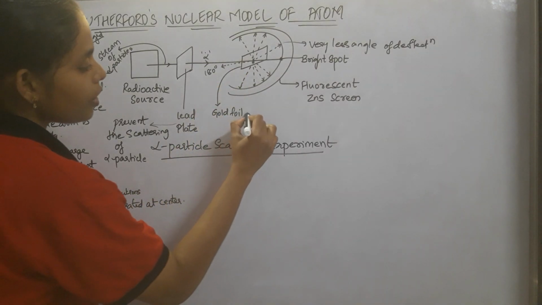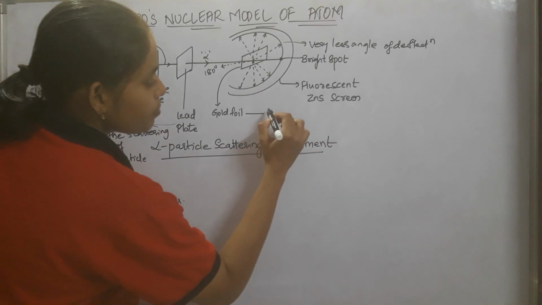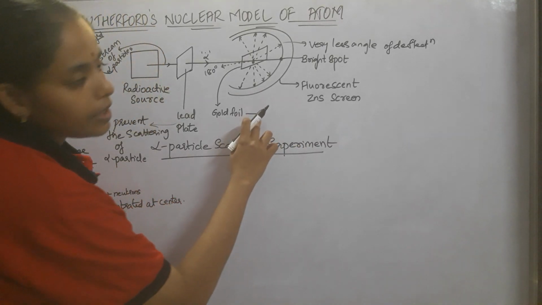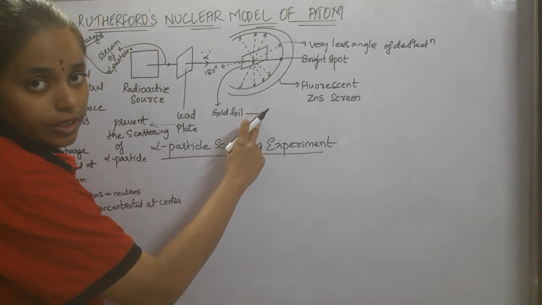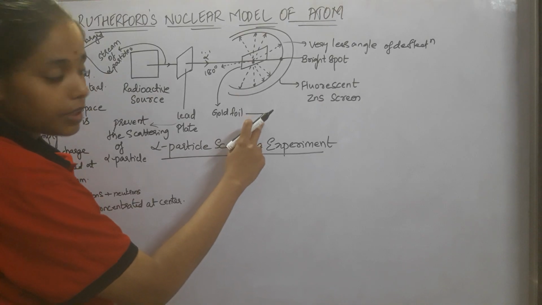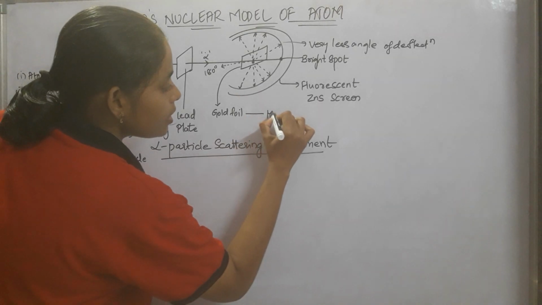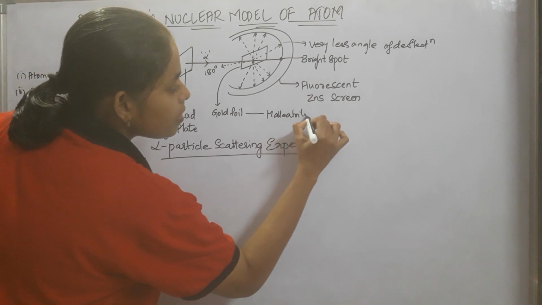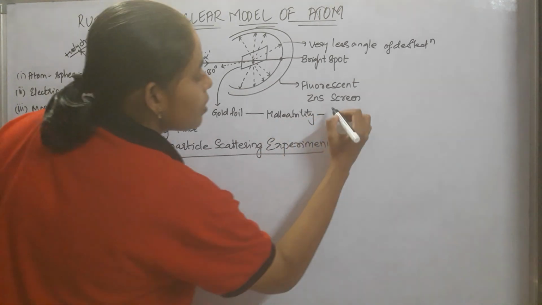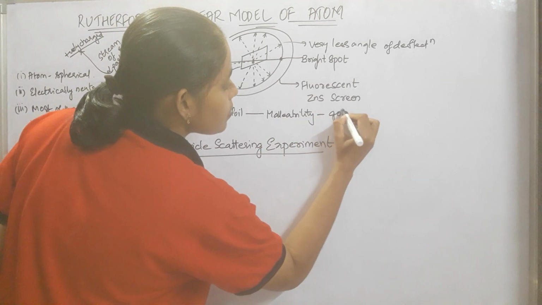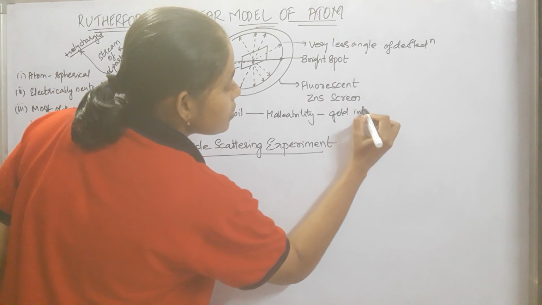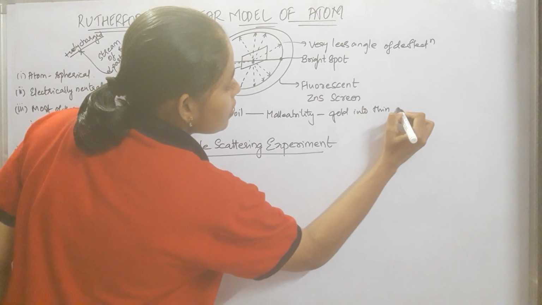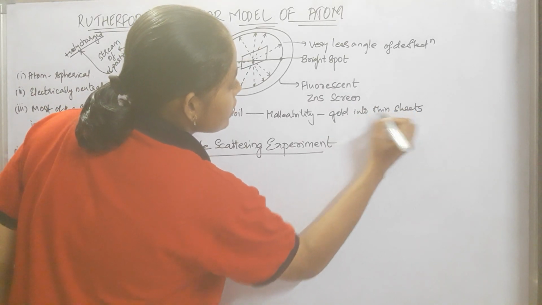Because gold has a property called malleability, which means we can make gold into very thin sheets.